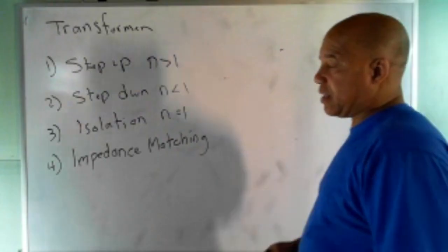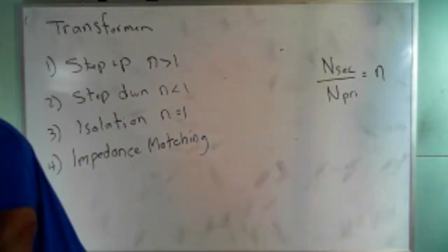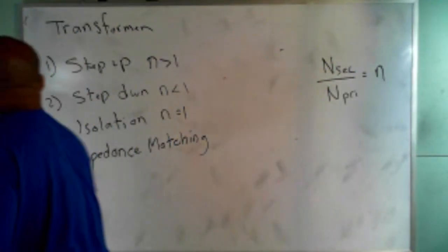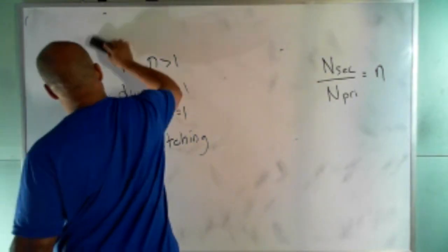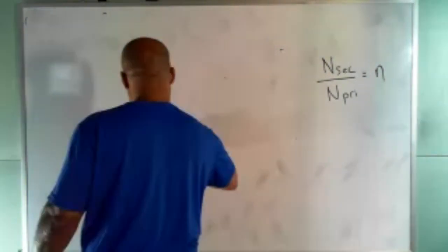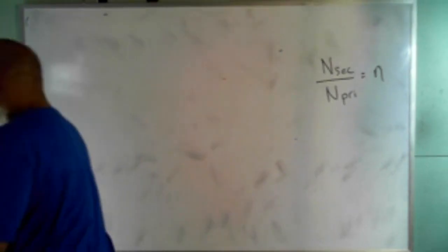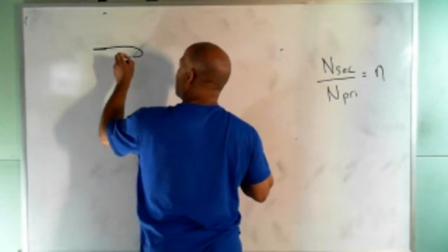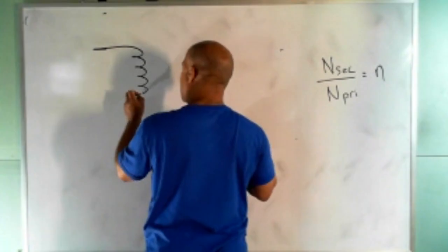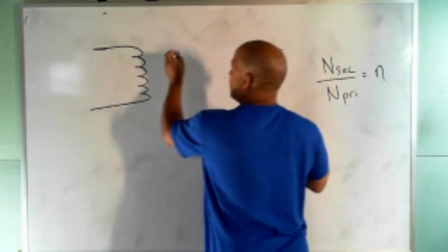So we talked about the symbol for a transformer. Let me put that on the board. The symbol's like this. There are 2 coils close to each other.